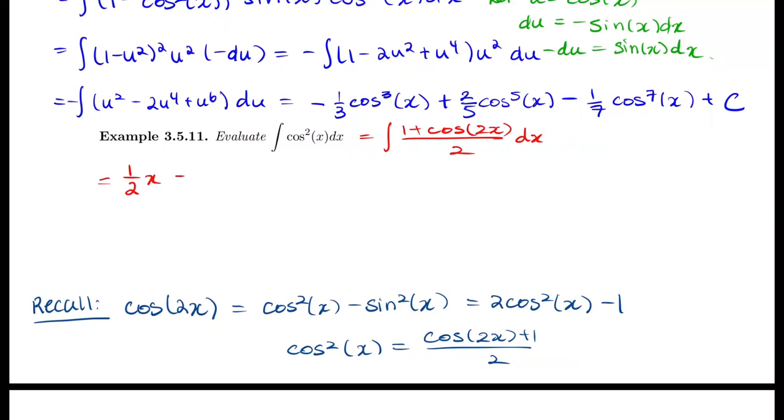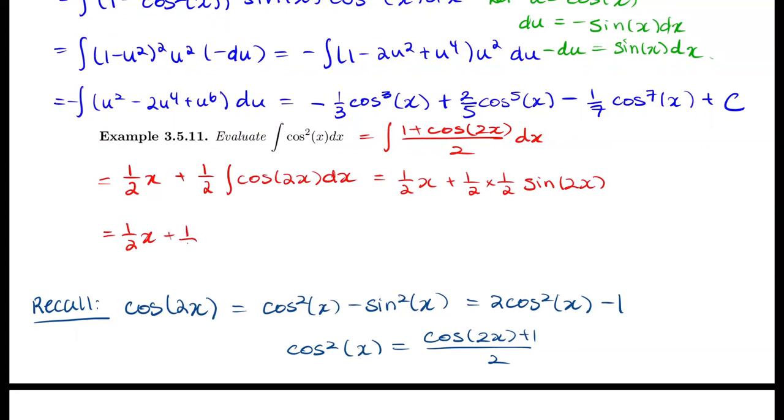As for the second integral, we would get half, and then we take the integral of cos of 2x, which is going to be half sine of 2x. So we have half of x plus a quarter sine of 2x plus c.